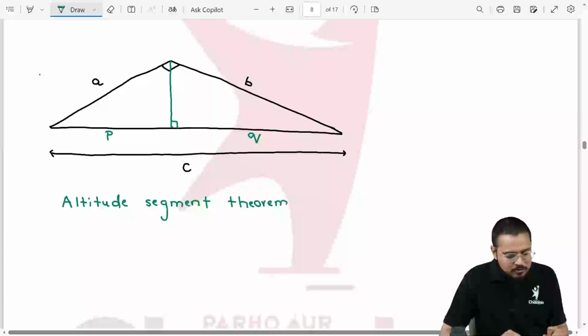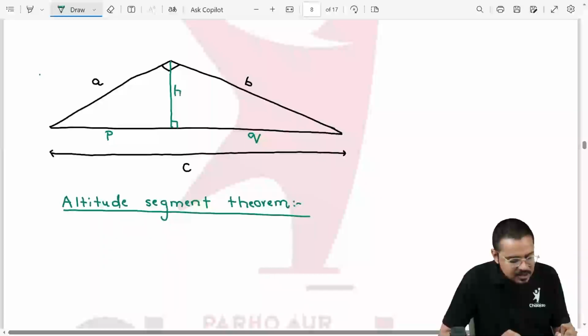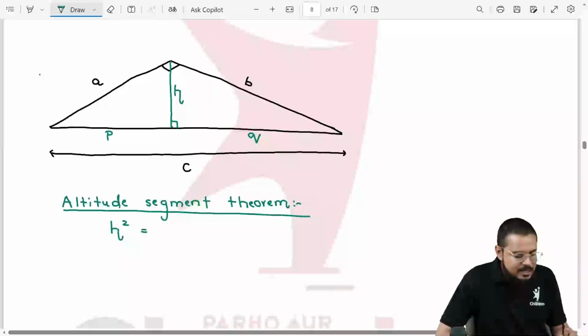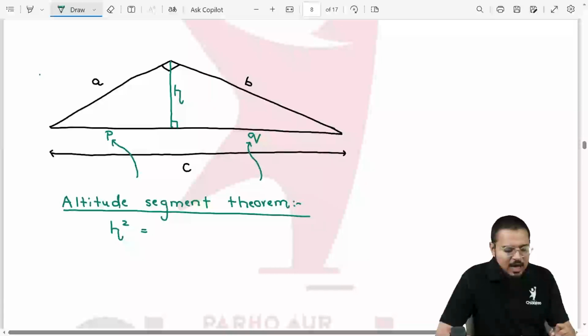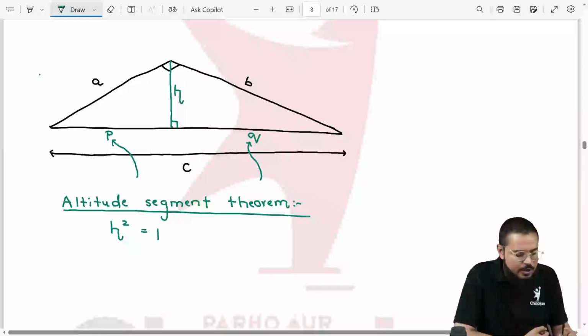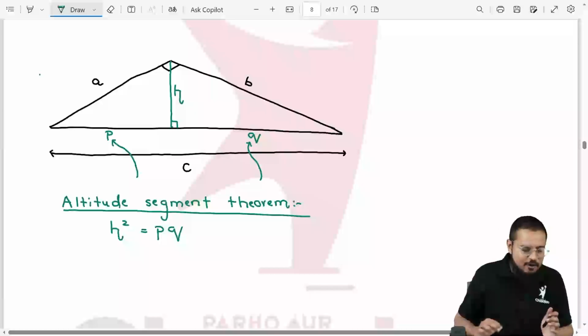The altitude segment theorem says that the height of your right triangle, represented by h, the height square or the altitude square, is always equivalent to the product of the segments that you have created on your hypotenuse, because the altitude gets dropped on your hypotenuse. It's always h square equals p times q. Some people like to call it the geometric mean formula as well.